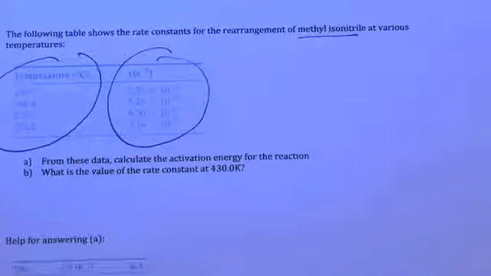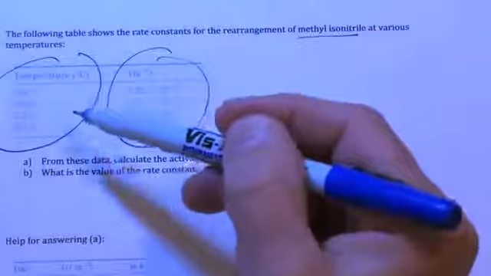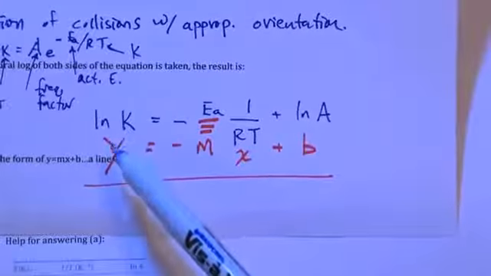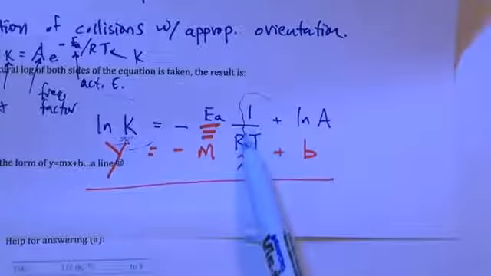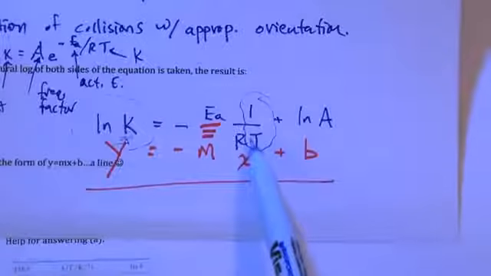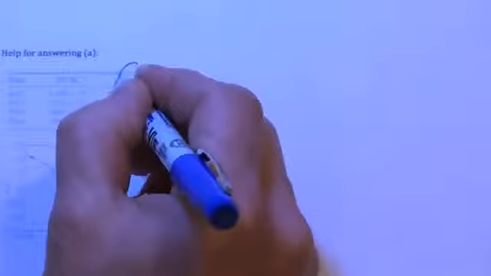Well, the first thing we need to do is get some other data, because to find the activation energy, you technically graph the natural log of the rate constant versus the inverse of the temperature. And so down here we have the natural log of the rate constant, and right here we have the inverse of the temperature, all tabulated very nicely for us.